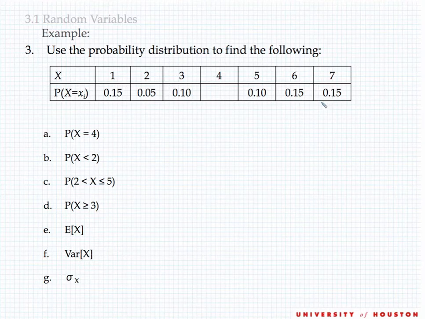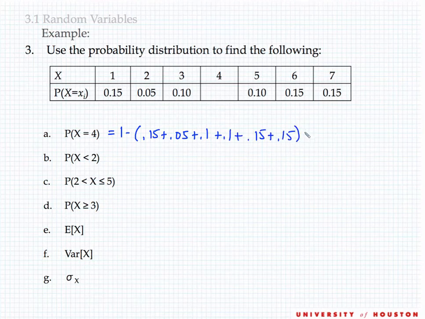So if I add up every single one of these values and subtract them from 1, that's going to give me the probability of 0.4. And that leaves me with 1 minus 0.7, which will be 0.3. So let's add that in our table.